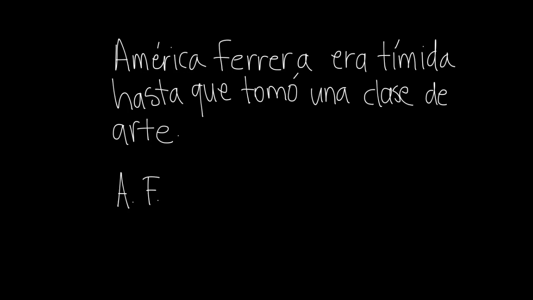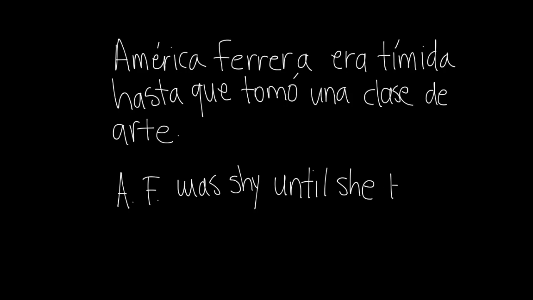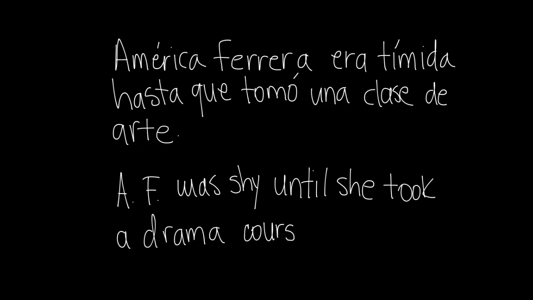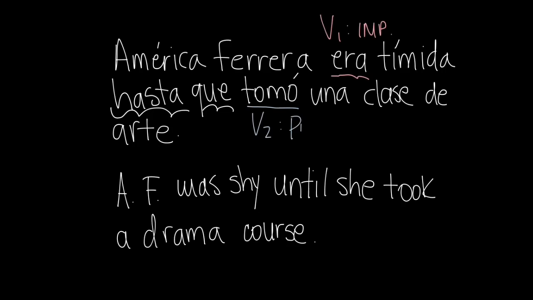So the equivalent in English will be América Ferrera was shy until she took a drama class or a drama course. So notice that the first verb is in the imperfect, era, and we have our conjunction hasta que, until, but the second verb needs to be in the preterite.